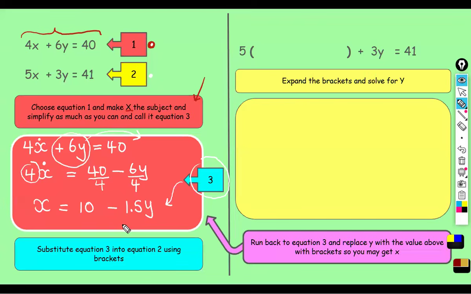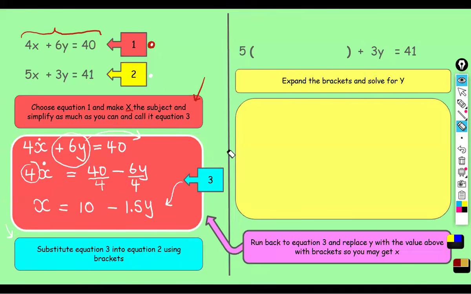Now don't lose focus. The aim of the question is to find the value of x and to find the value of y. Take down these instructions in blue immediately below. Substitute equation 3 into equation 2 using brackets. Just take down the instructions and I will explain what that means for those who are not too familiar with it.